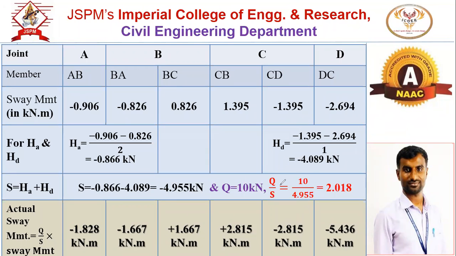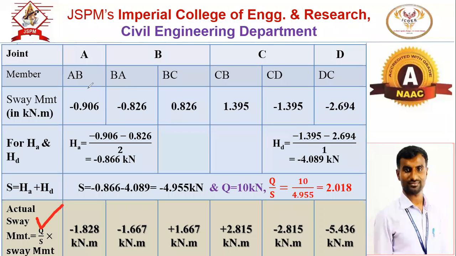Okay, so Q by S ratio, what is Q, the actual sway force given in the numerical, ते आहे 10, आणि S आपण फाइंड आउट केलं HA plus HD, ते आहे 4.955. So Q by S, this ratio or fraction, is 2.018. 2.018 means what? To get the actual sway moment, we have to multiply this fraction with these moments.